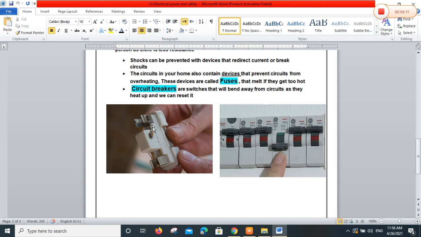It cuts the circuit and turns off all appliances and the light, but this way I protect the appliances in my home from damage. But this is the old way, fuses, using a thin wire. The new one, circuit breakers, are switches that bend away from the circuit as they heat up and can be reset.